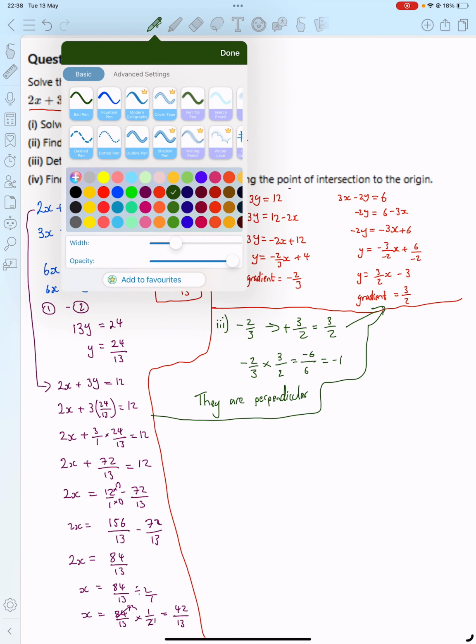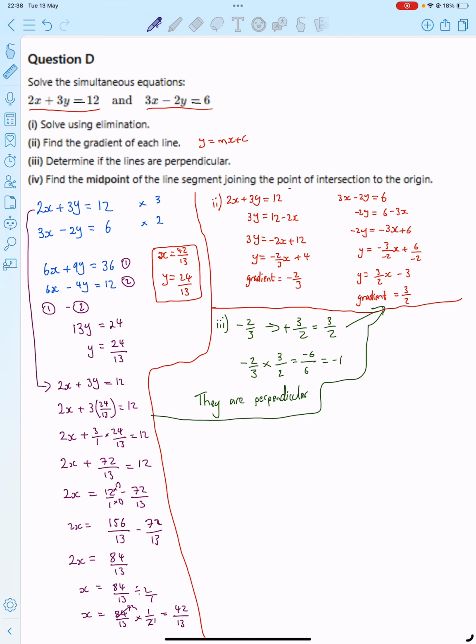Okay, next we're being asked to work out the midpoint of the line segment joining the point of intersection to the origin. Okay, so the origin is 0, 0. Now, the point of intersection, they didn't tell us what it was.